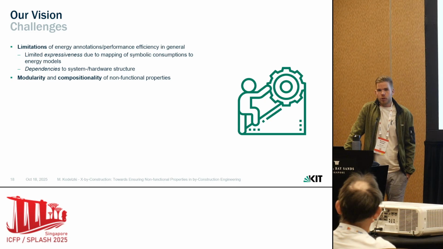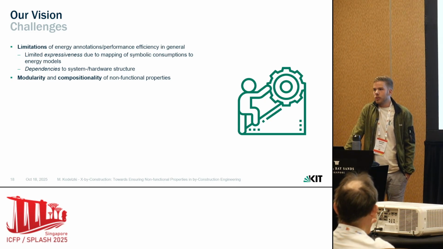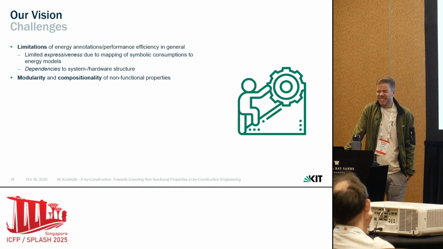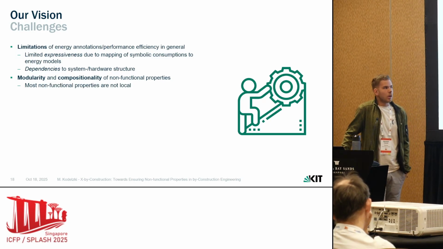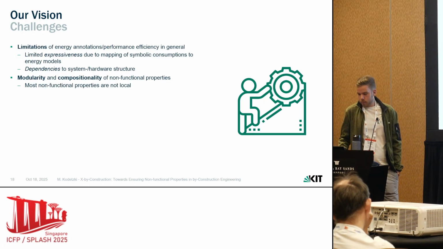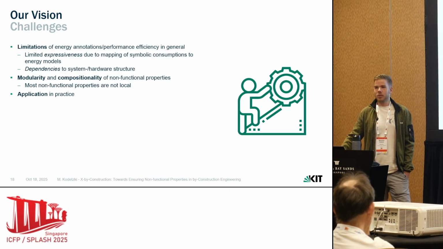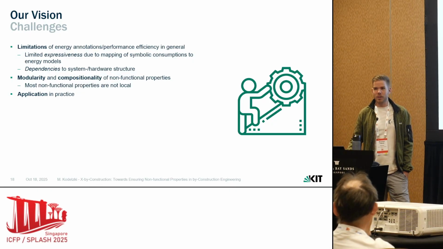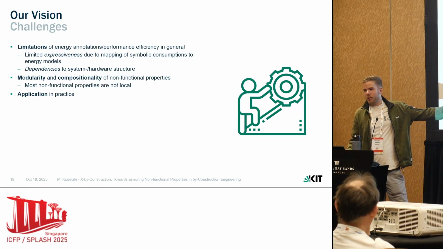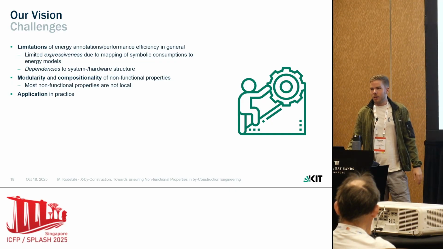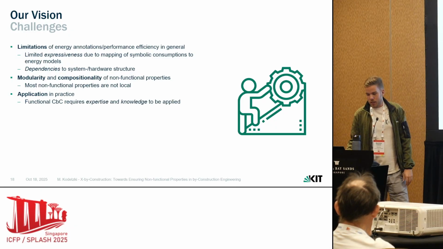For all non-functional properties, not only energy efficiency, but also the remaining ones, we have the modularity and compositionality issues, as most of them can't be looked at completely local. And finally, we still want to be able to apply this in practice. So what you just saw with the energy annotations, that could be automated kind of quickly, but the true support for that is not there yet.